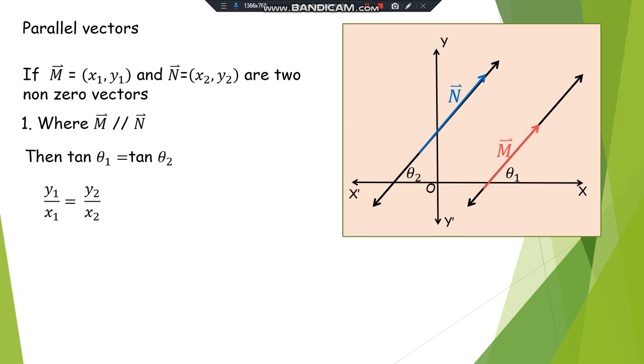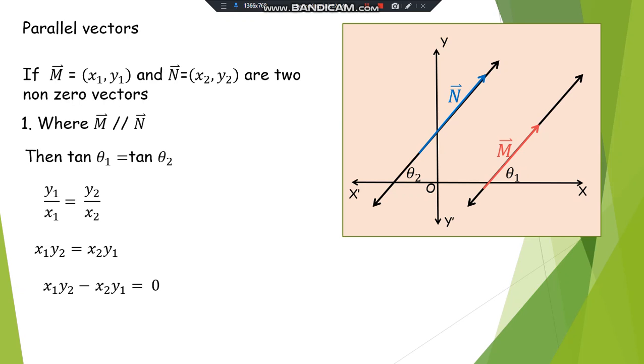The first slope is y1 over x1, as we studied, tan theta equals y over x. So tan theta 1 equals y1 over x1, and tan theta 2 equals y2 over x2. If we do cross multiplication, y1 multiplied by x2 equals x1 multiplied by y2.